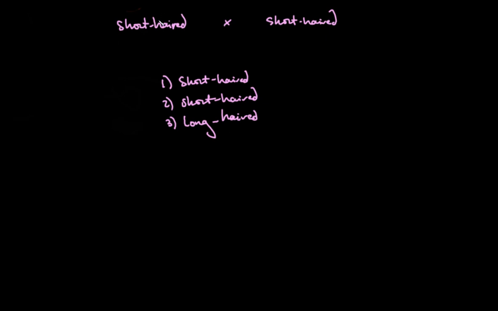And of course, that's assuming that we know that this is a genetic thing, right? So in order to be short-haired, there has to be something that's hidden behind it in order to get an offspring that has long hair. So that means that short-haired is dominant. I'm going to do a big S and exaggerate that big S. Short-haired is big S over there as well.